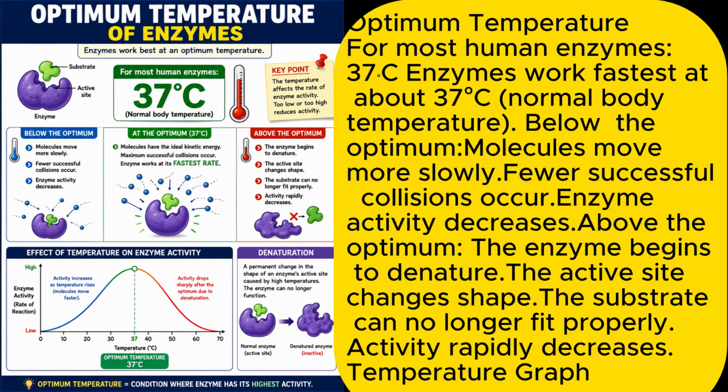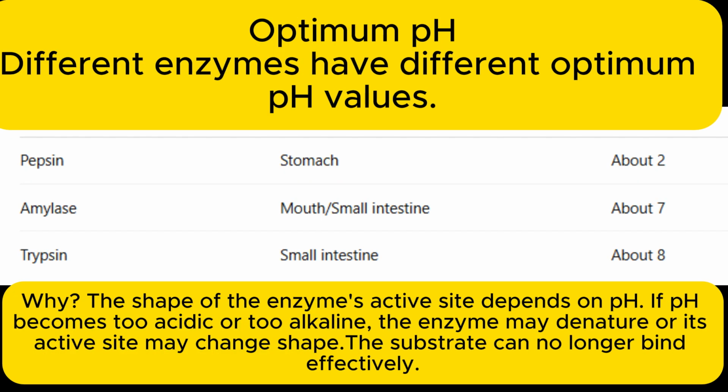Now look at the optimum pH. Pepsin, location is stomach, optimum pH is about 2. Amylase, in the mouth and small intestine, about 7 is the optimum pH. Trypsin, small intestine, about 8 is the optimum pH.